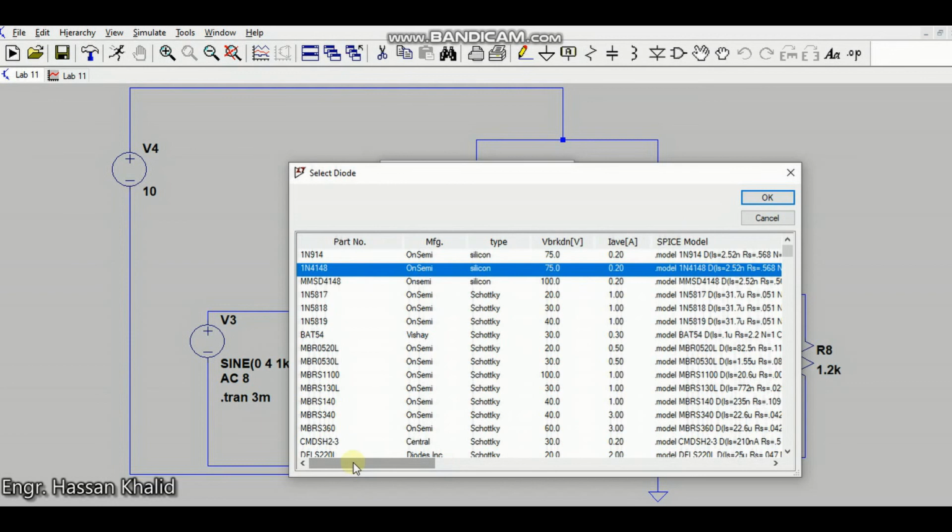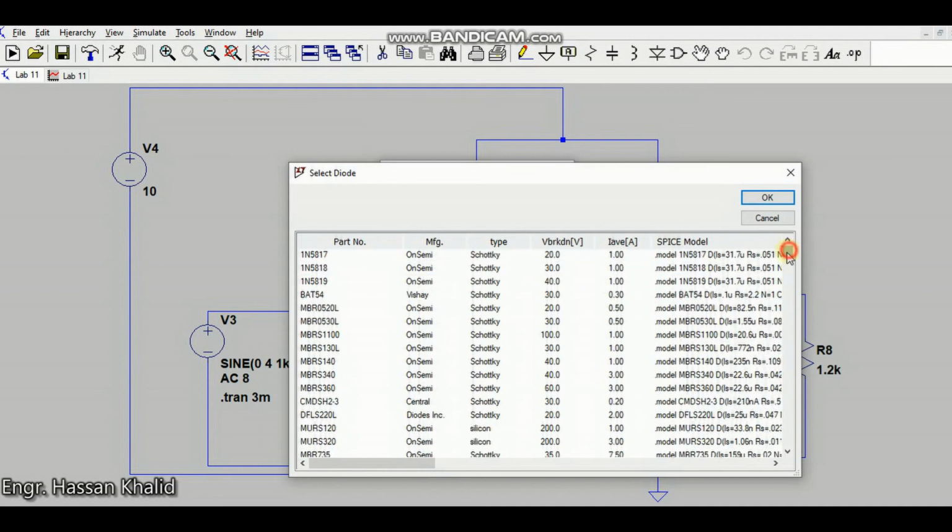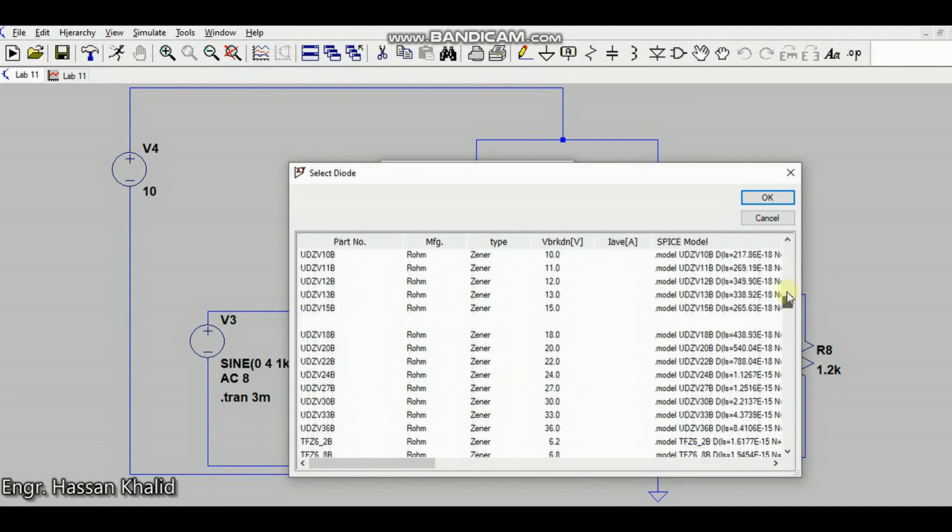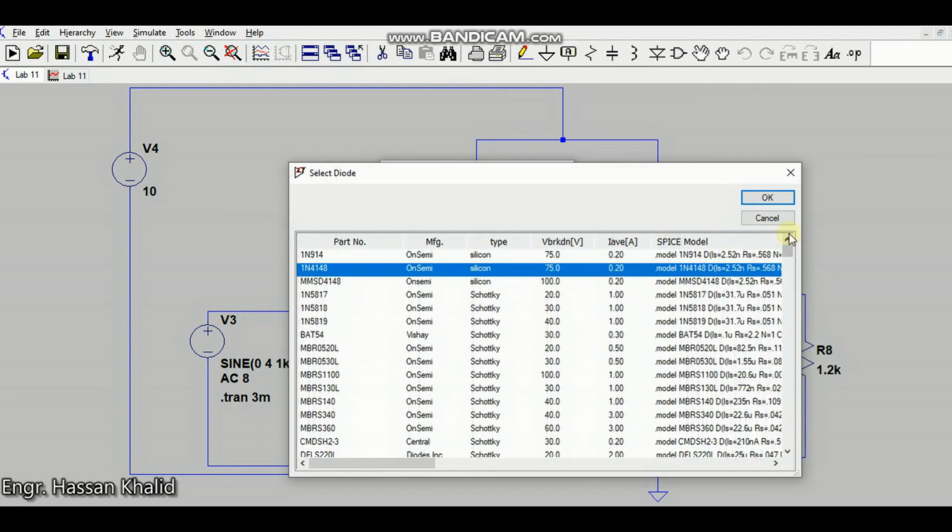So what you can do is find a specific diode with the 0.6 voltage drop, and using data sheet analysis, fix that number and come to this library, and you can easily find that particular diode over here. It has almost all types of data sheet models of practical diodes.